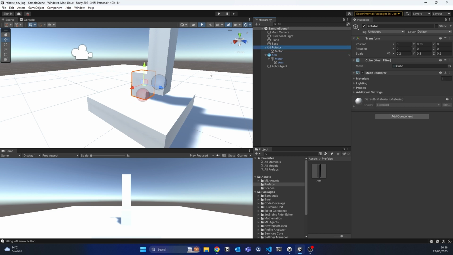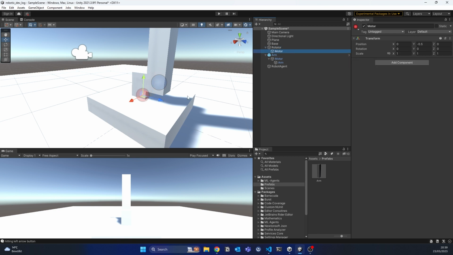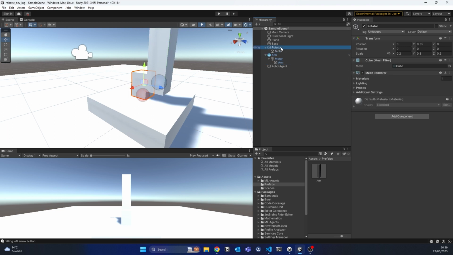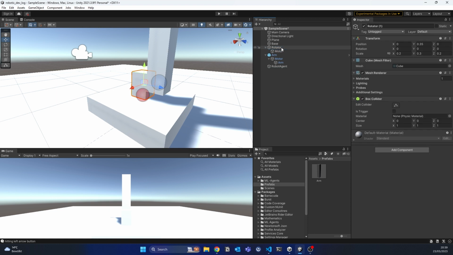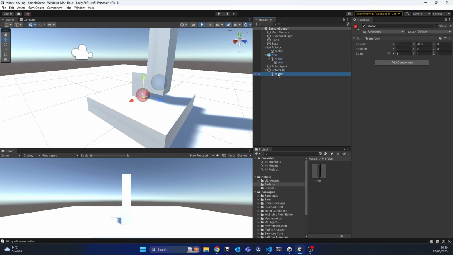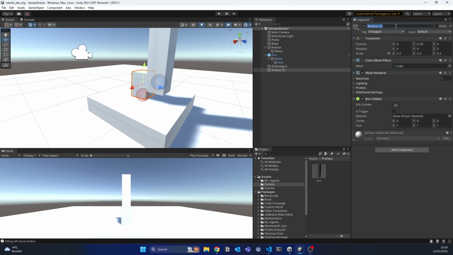Okay, and then now we have our motor. It's gonna rotate this way, and then we're gonna have our arm, which is actually kind of, I should have kept the box collider on this one, so I can just copy this, remove this guy here, just gonna call it also arm.